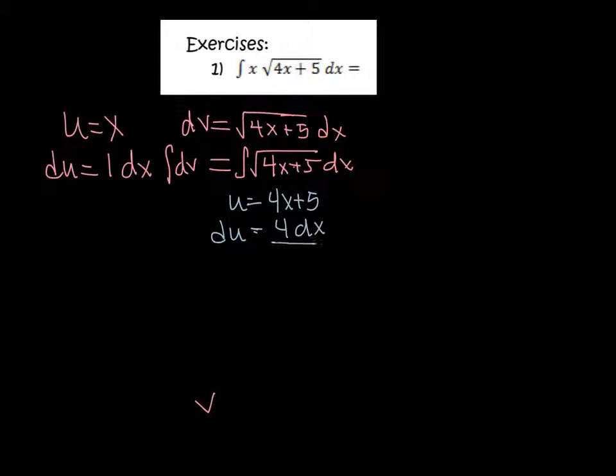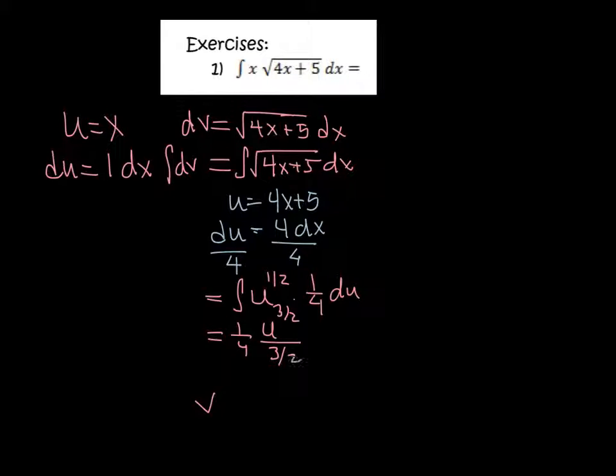Since we don't have 4, we have to divide by 4, and then we're going to do the substitution, and we obtain the integral of u to the 1/2 times 1/4 times du. This 1/4 is a constant, and then the integral of u to the 1/2 will be u to the 3/2 over 3/2 plus the constant.